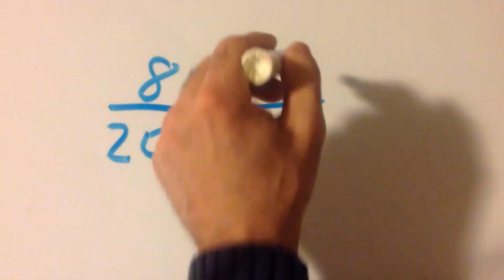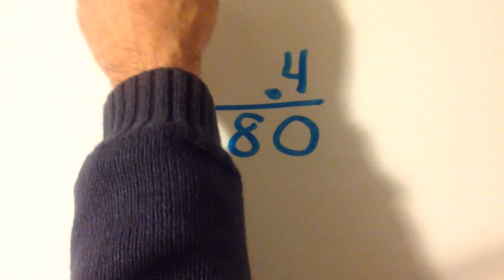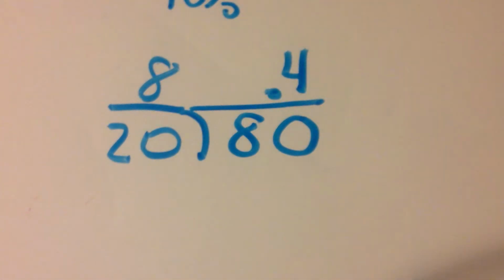Remember, with decimals, you move it twice, and you get 40%. So when you see "out of," make it a fraction. Okay, that's our video on percent translations, part 1.